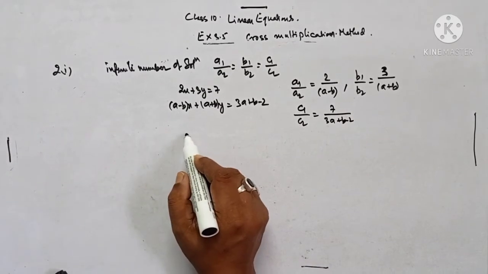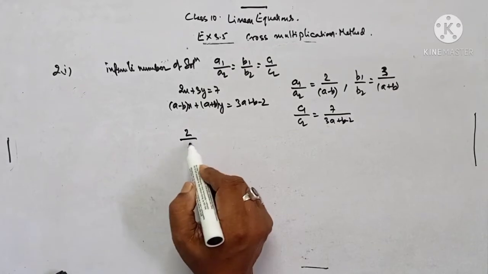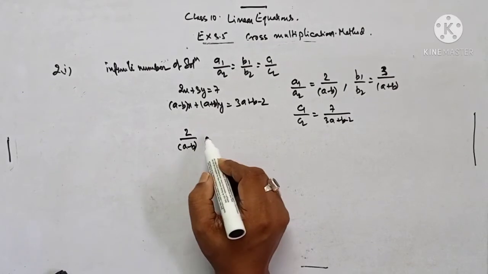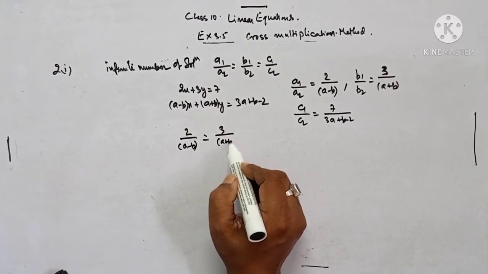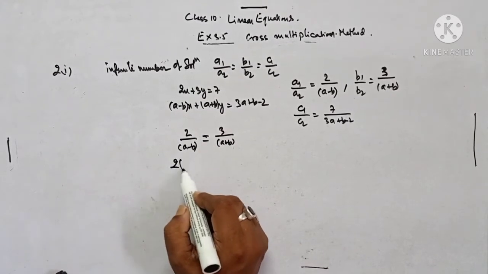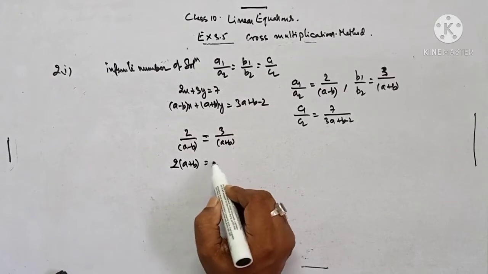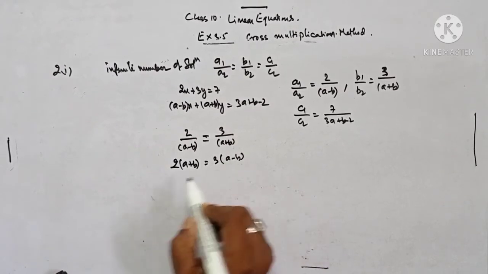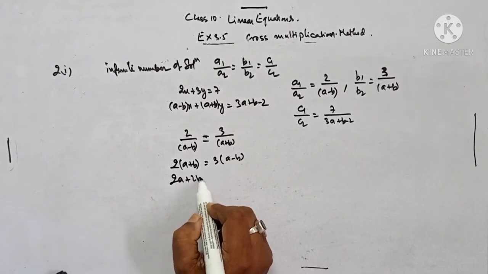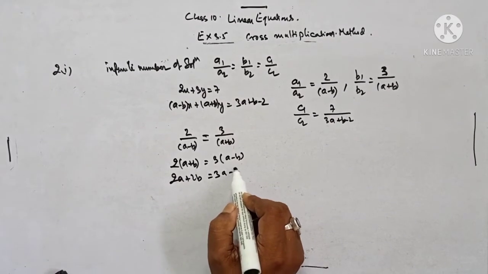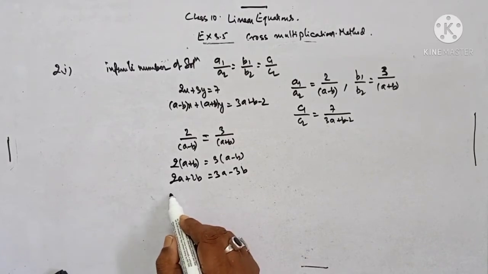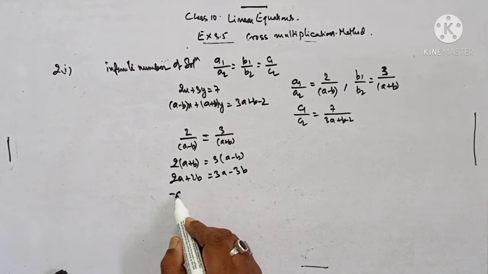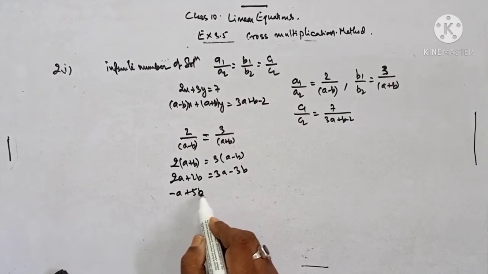First take 2 by (a minus b) equal to 3 by (a plus b). So 2(a plus b) is equal to 3(a minus b). 2a plus 2b is equal to 3a minus 3b. Bringing everything to one side, this will be minus a plus 5b equal to 0.